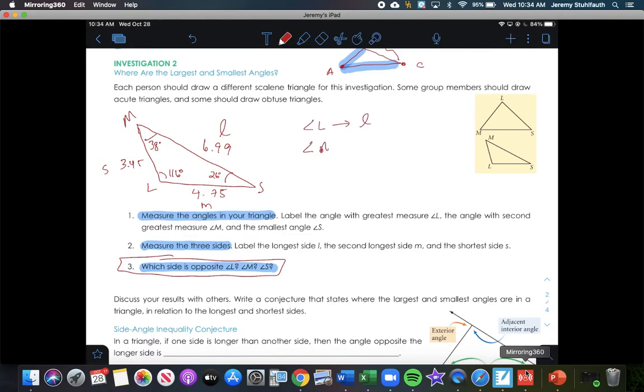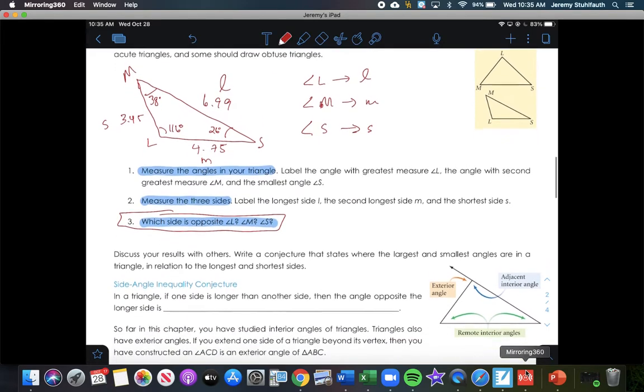Angle M has side M across from it, and angle S has side S across from it. So if you look at this, what do you notice? The largest angle, 116 degrees, has the largest side across from it. The second greatest angle, 38 degrees, angle M, has the second longest side across from it. And then the smallest angle has the smallest side across from it.